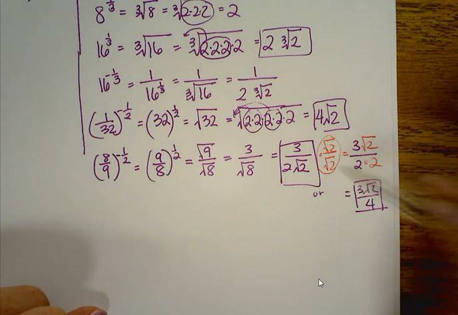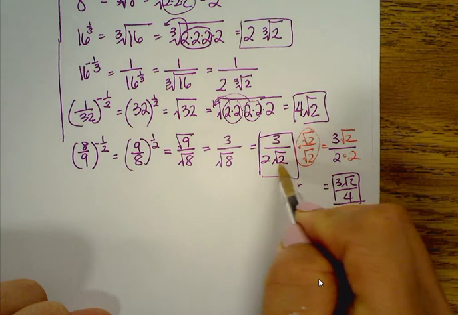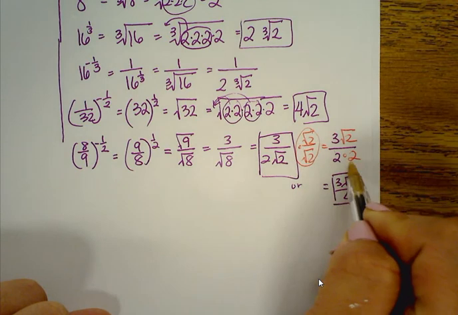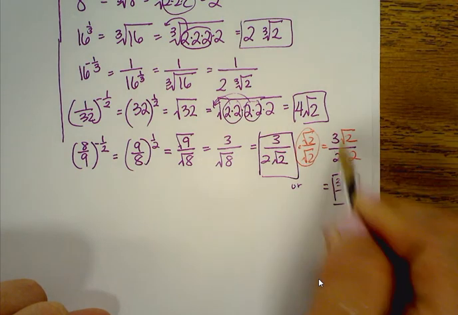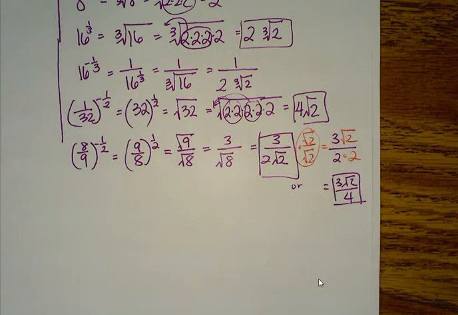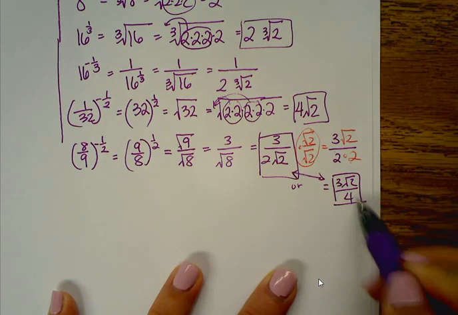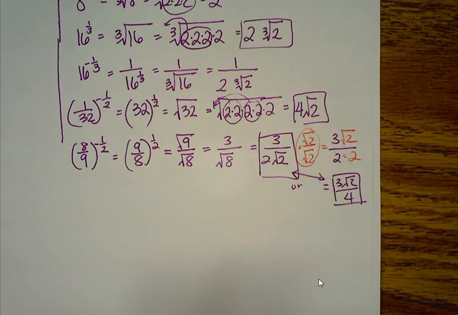Because rad 2 times rad 2 is the square root of 4, which is 2. And so you're going to have 3 rad 2 over 4 on the bottom. These two are the same thing, but one is in a sense better because this one has no radical in the denominator.